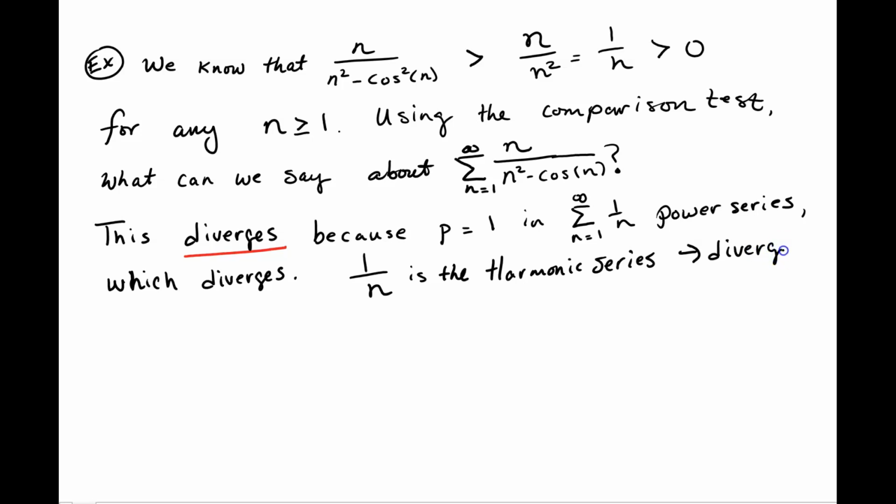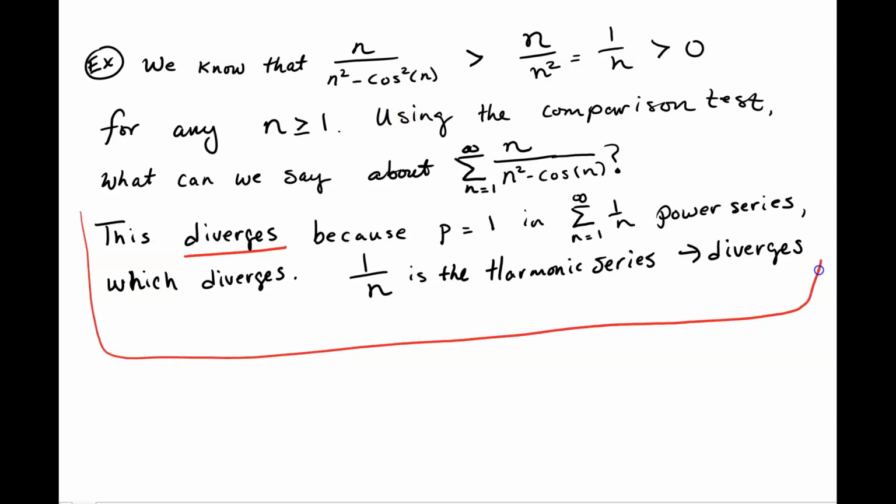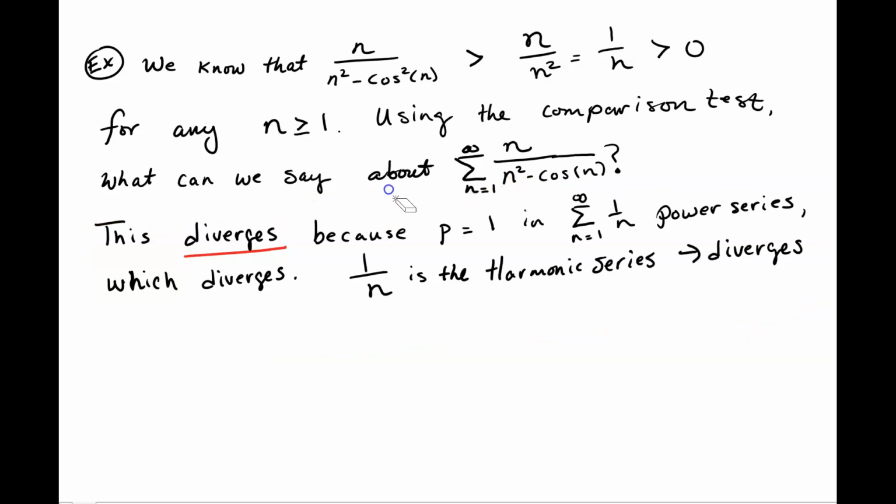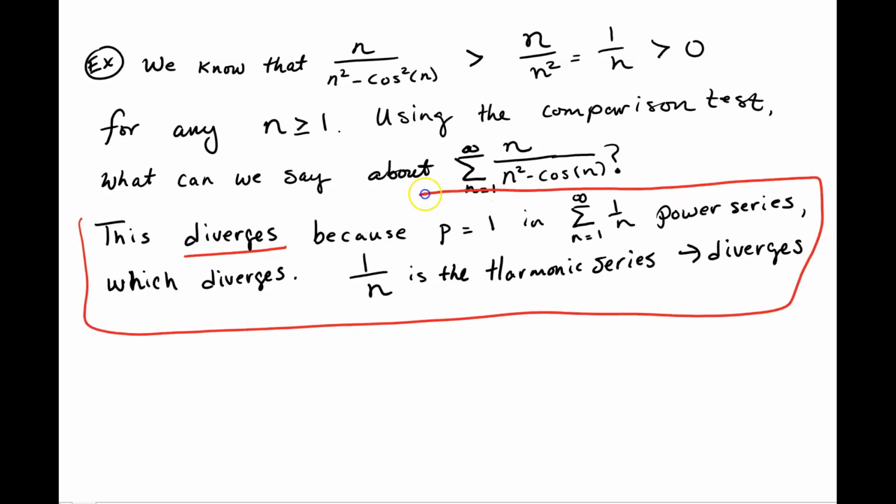So n over n squared, which reduces to 1 over n, is actually less than n over n squared minus cosine squared. If the smaller of the two diverges, then the larger of the two must also diverge. So just keep that in mind. It must also diverge. Really nothing to it. Direct comparison, really nice, really easy.